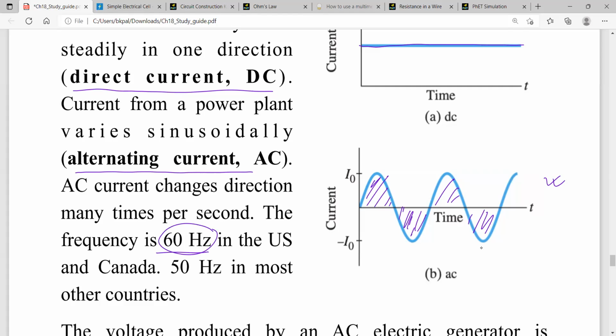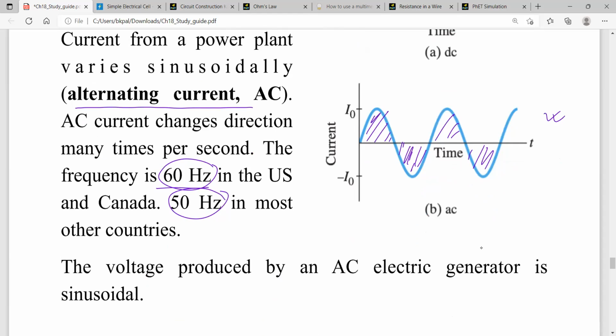In most other countries it is 50 hertz, meaning it changes 50 times in 1 second, while in Canada it changes 60 times. Whether 50 or 60, it is too much for our brain to analyze, and that's why we see it as continuous. Now let's try to understand the mathematical explanation of this alternating current.